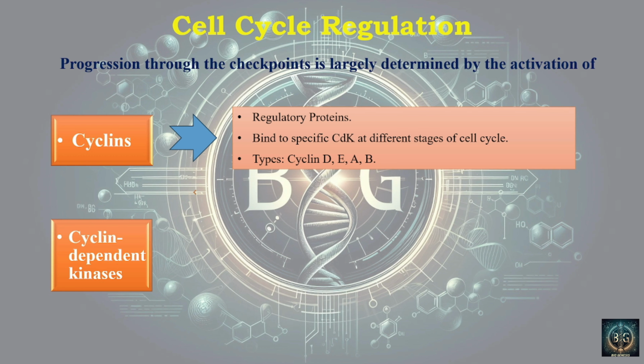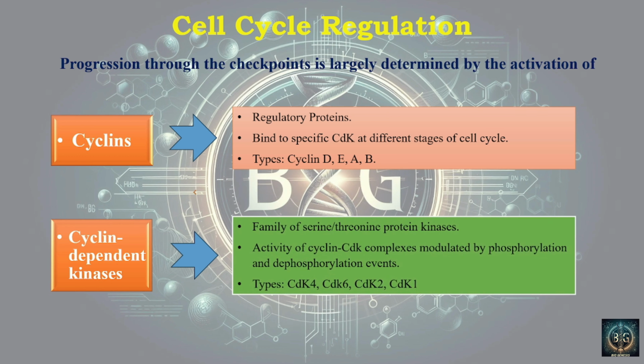Next is cyclin dependent kinases. It is a family of serine or threonine protein kinases. Serine or threonine protein kinases are actually enzymes that catalyze the transfer of a phosphate group from ATP, adenosine triphosphate, to a protein substrate. More precisely on a serine or threonine amino acid residue.